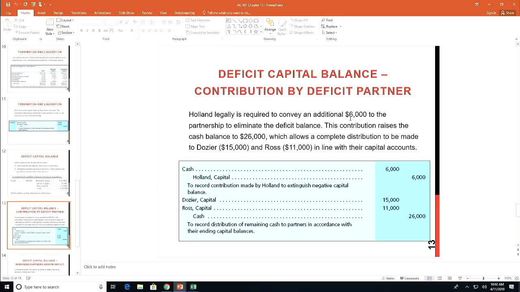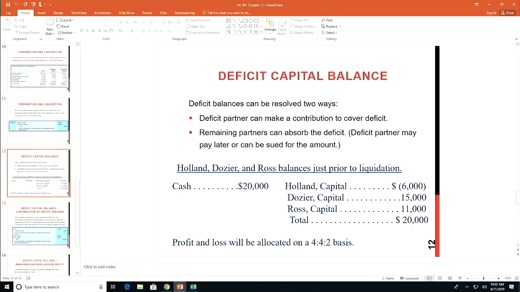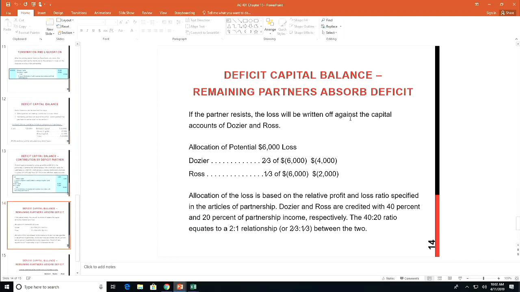Who are the solvent partners here? We have two solvent partners, right, Priyanka? So these two solvent partners will bear this risk because Holland doesn't have a single penny. So the solvent partners will cover the $6,000 loss.